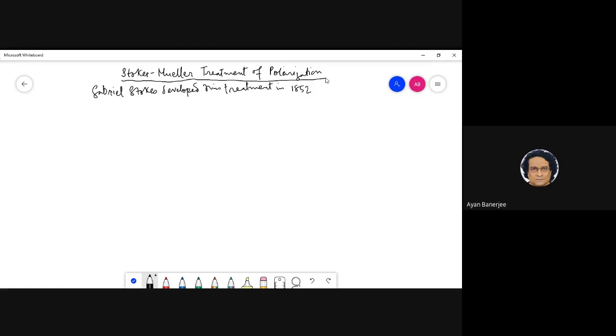Okay, so I think most of you are familiar with the Stokes treatment. These parameters are actually measurable experimentally, and they give you complete information about polarization properties of light.